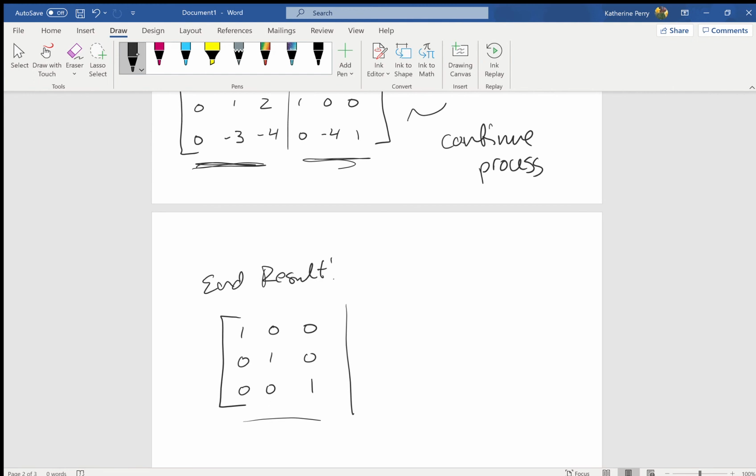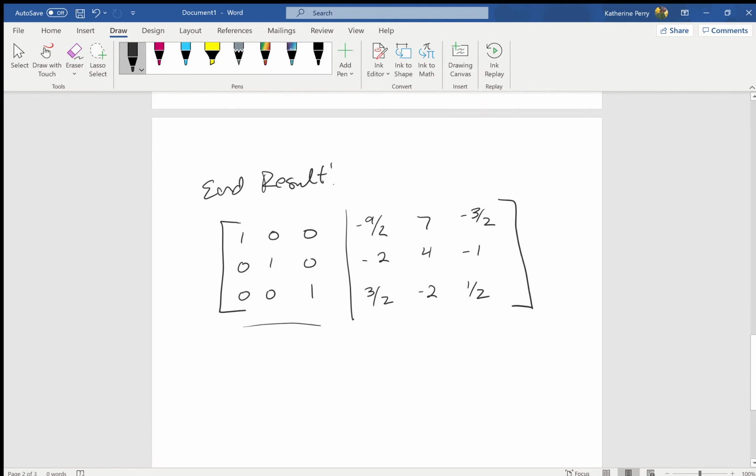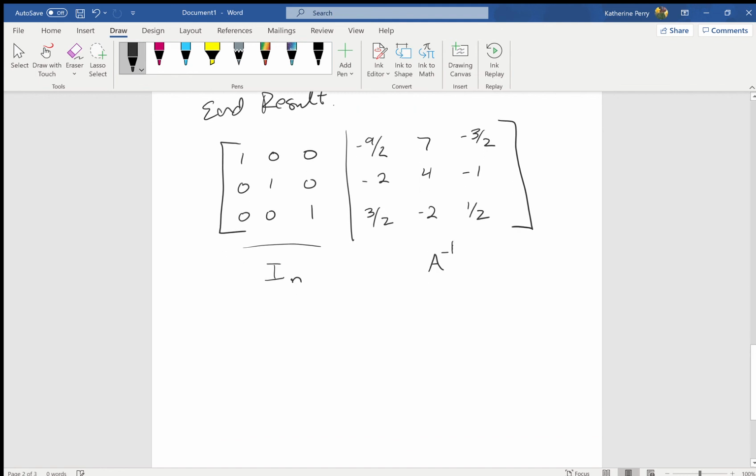And what's on the left is negative 9 halves, 7, negative 3 halves, negative 2, 4, negative 1, 3 halves, negative 2, 1 half. And so again, this is the identity, and the theorem tells us that this is A inverse.